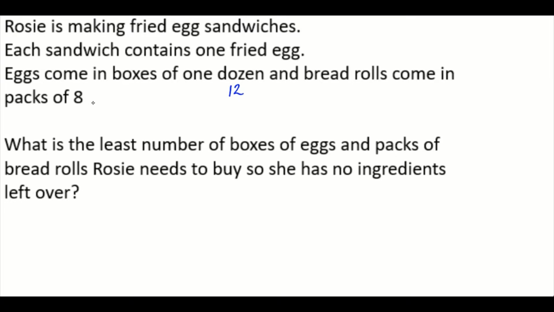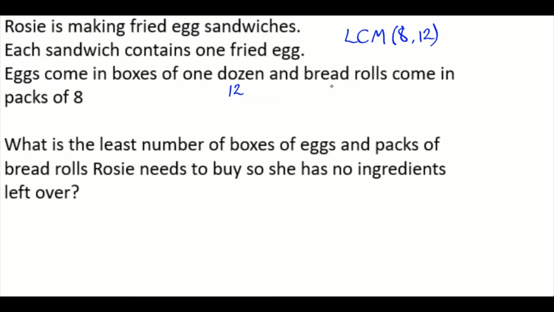If we just bought 1 pack of rolls and 1 pack of eggs, then we would have 4 eggs left over. So what we're looking for is a number that 8 goes into and 12 goes into, and we want the smallest number that they both go into. So smallest, lowest, number that they go into, multiple. So we're just looking for the lowest common multiple of 8 and 12.